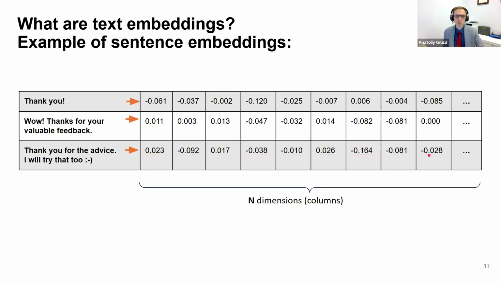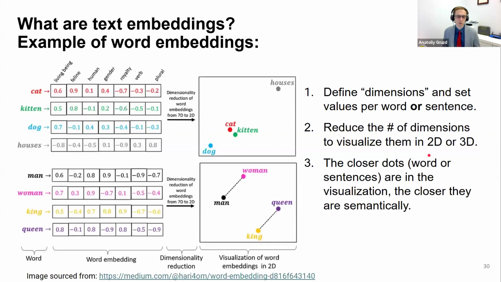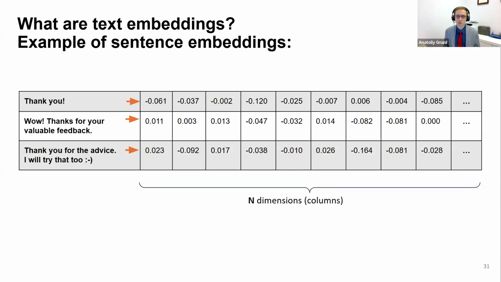But in reality, like in the previous example where we alluded to the fact that each of the 7 dimensions may relate to specific characteristics like verb, plural, or living being, in reality we don't care about that. Those dimensions are arbitrary, abstract. Depending on the large language model you use, it may represent each sentence, each social media post, as, let's say, 512 dimensions, or may use 1,000 dimensions.